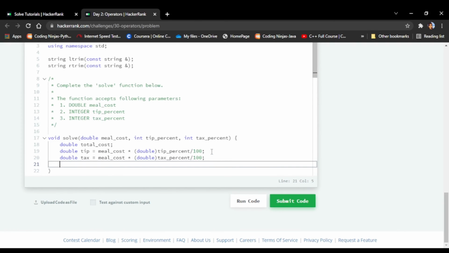This is the percentage in mathematics which we have learned in school.